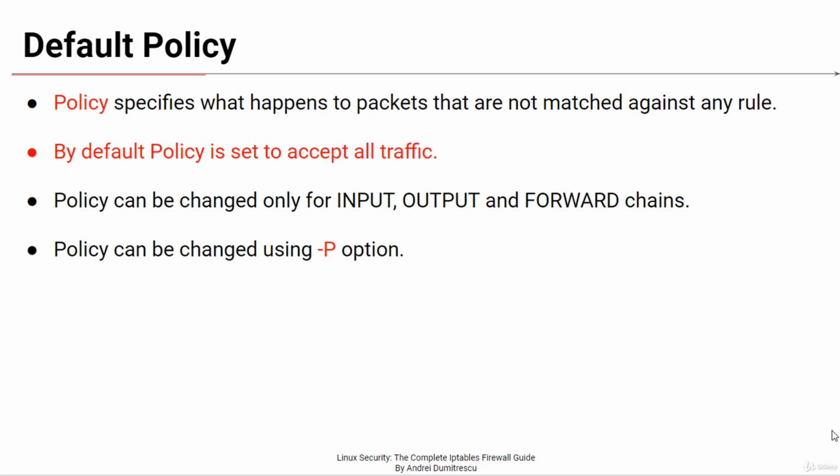We can set the default policy to drop all packets and then add rules to specifically allow packets that may be from trusted IP addresses or for certain ports on which we have services running like FTP, web, email, and so on.